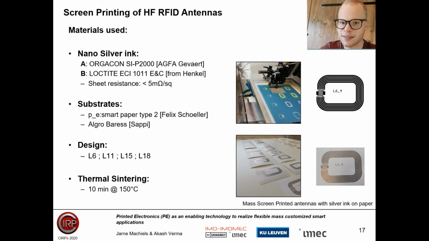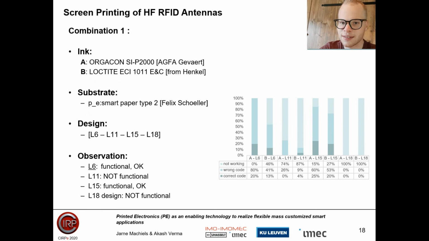The paper substrates that we used in this research were PE Smart Paper Type 2 from Felix Schoeller, which is a paper substrate with a thick coating layer specifically developed for printed electronics, and Alcobares from CIRPe, which is a standard label material. In a first experiment, we tested the functionality of the 4 different antenna designs by printing all of them with both conductive silver inks on the PE Smart Paper Type 2.